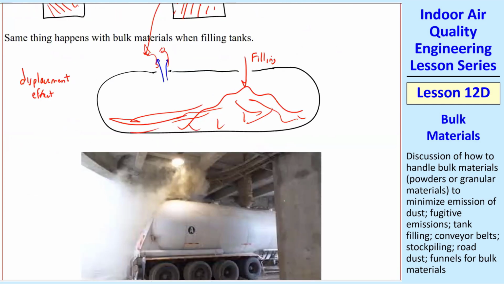And then here's a picture of exactly this, and if you look closely, you can see this tube here. That is the inlet tube, so we're putting it in, filling it just like my sketch. And then there's a hole here, and you see the air that was inside the tank coming out, and that's called fugitive emissions.